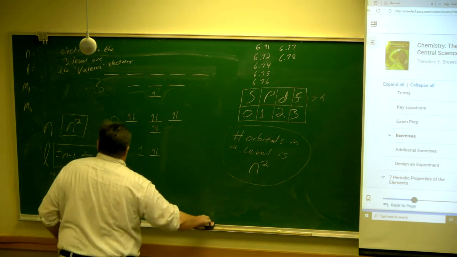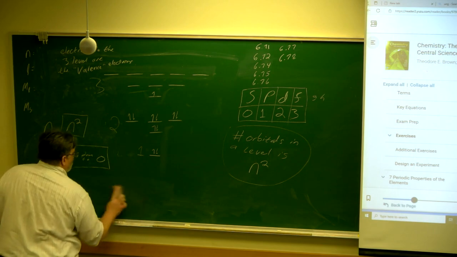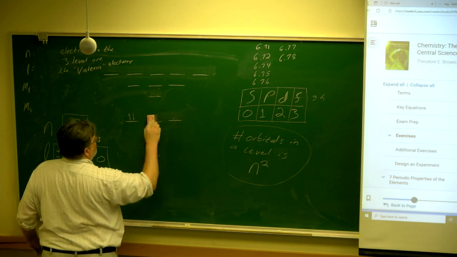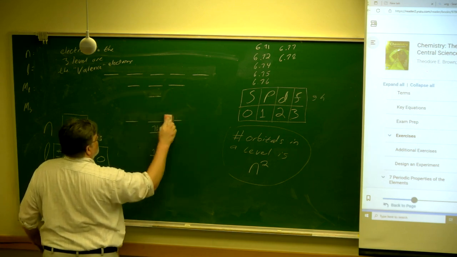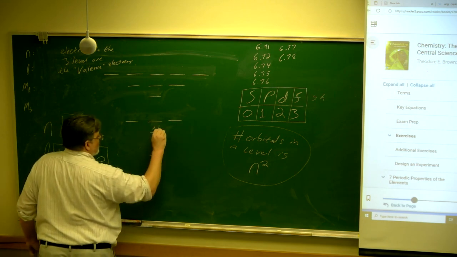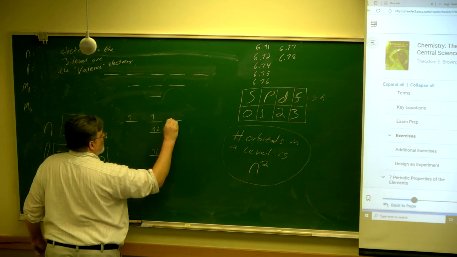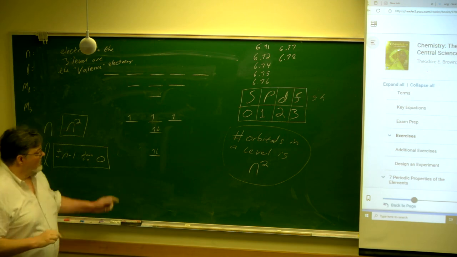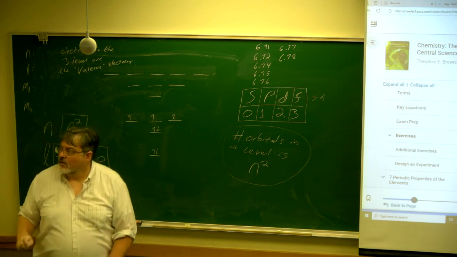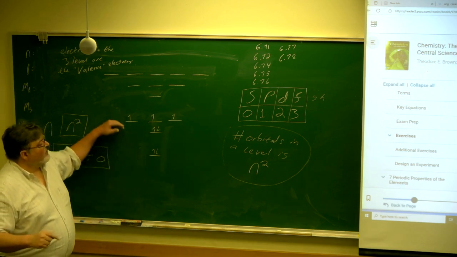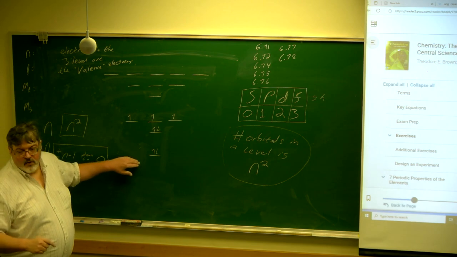But just to sort of nail it home, let's do nitrogen. So that and that. 1, 2, 3, 4, 5, 6, 7. So nitrogen has 7. So I draw my 1, 1, 3, 1, 3, 5, and then I count up 1, 2, 3, 4, 5, 6, 7.